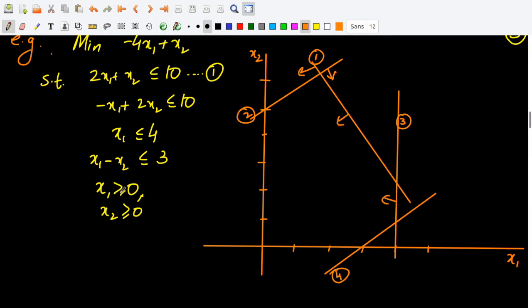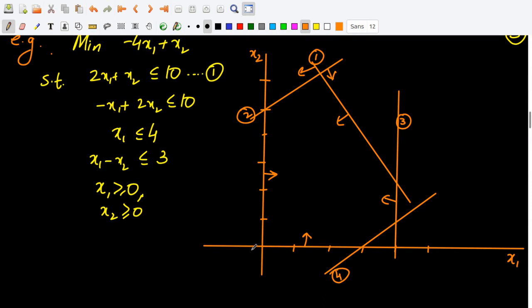And I also have these non-negativity constraints, so x1 greater than or equal to 0 means I need to be on the right side of the y-axis, and x2 greater than or equal to 0 means I need to be above the x2 equal to 0 line.